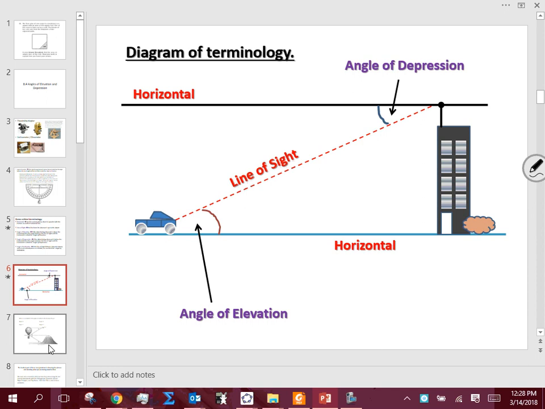We've got somebody maybe in a car, being the observer, and they're looking at the top of this building, the top of maybe the TV antenna on top of that building, okay? So that red imaginary line is the line of sight, okay? A lot of times I make it dotted because it doesn't really exist. Does that make sense? It's not a physical line, but it is what connects my eyes to whatever I'm looking at, okay?